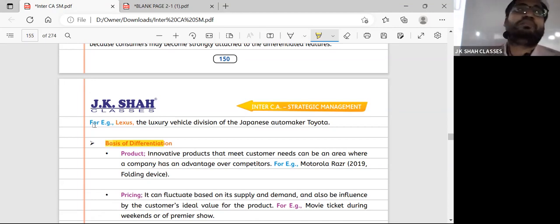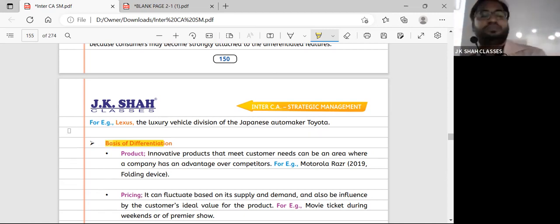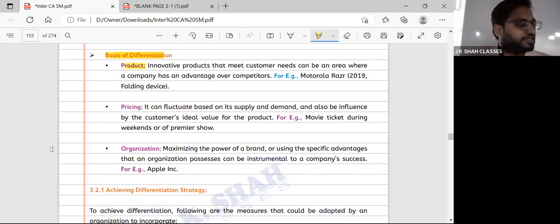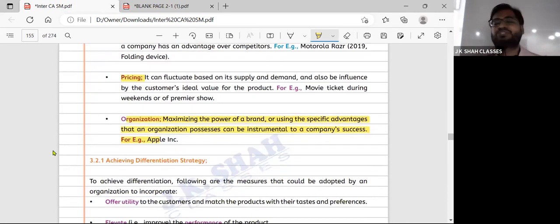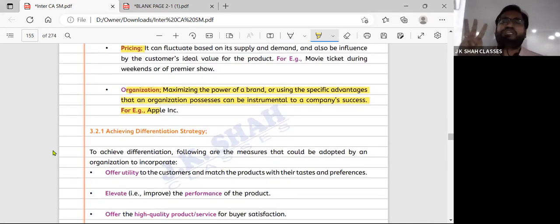Any product that they make will be unique. Sony, be it cameras, PlayStation, laptops, or TV, whatever they make will be unique. The organization itself is unique. So it will be product, pricing, or organization. Again, those three answers, guys.